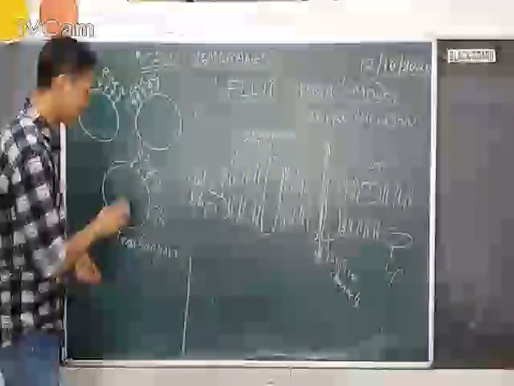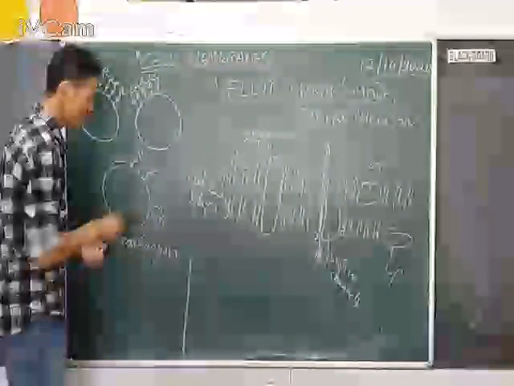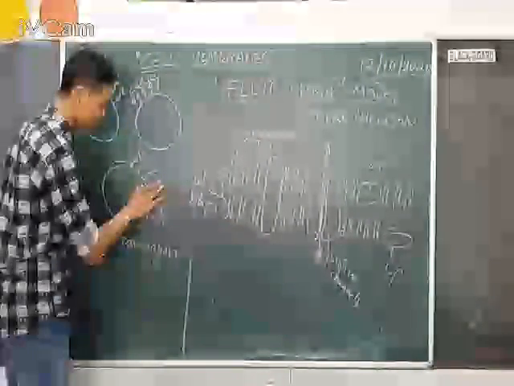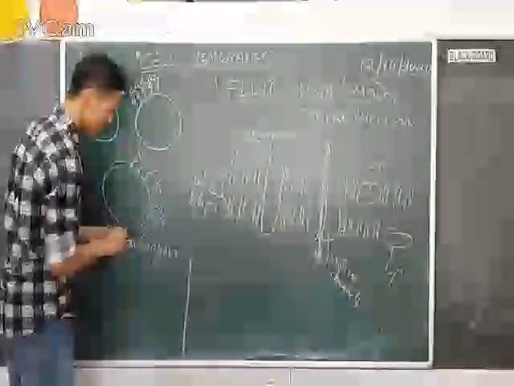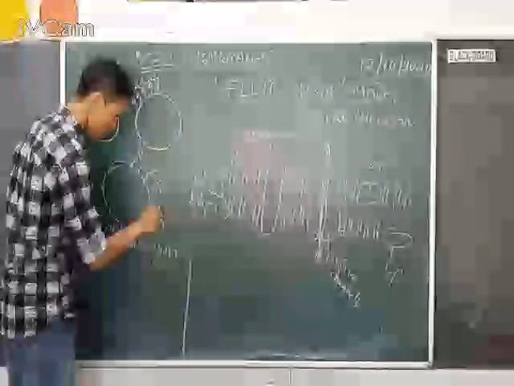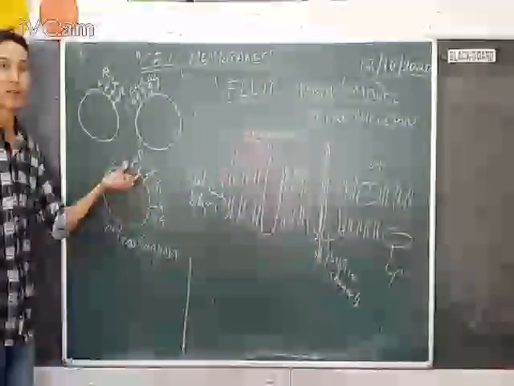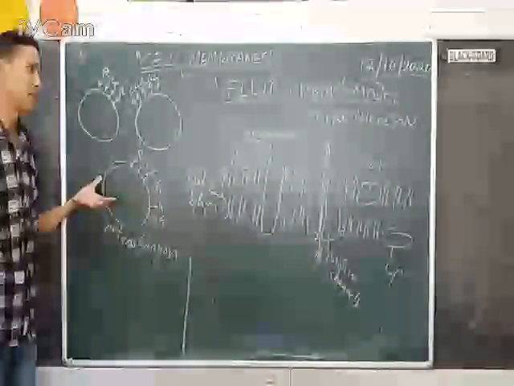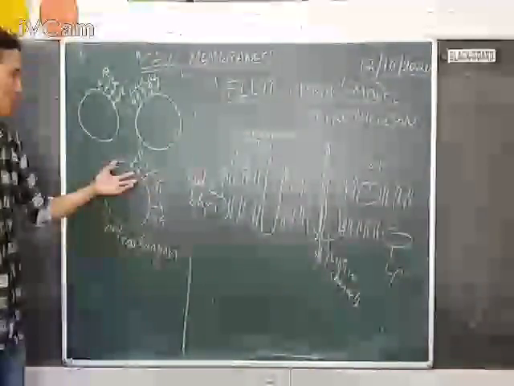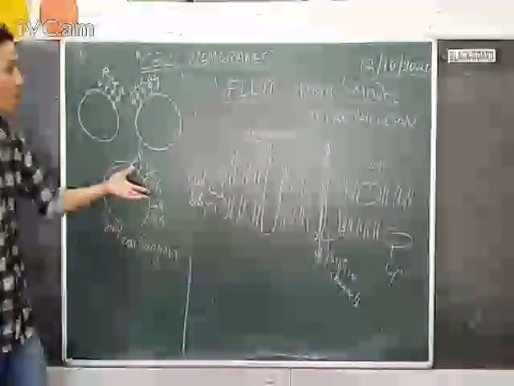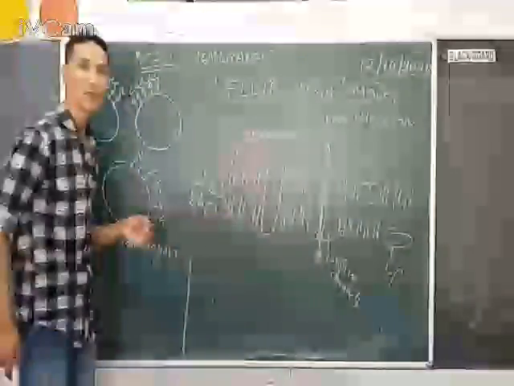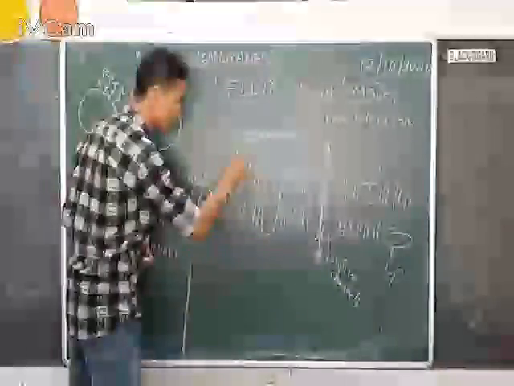Rather, what you get is an alternating pattern of red and green color in the cell membrane. This gives proof of lateral movement. By lateral movement, it means sideways movement of the phospholipid layer.